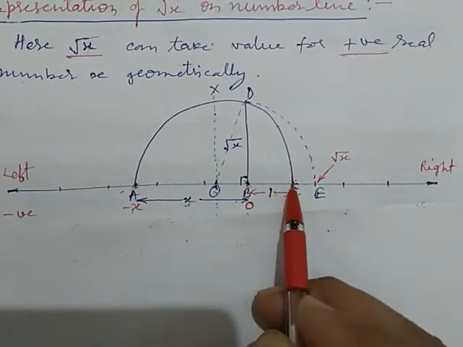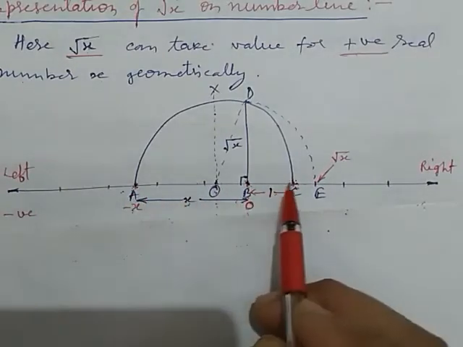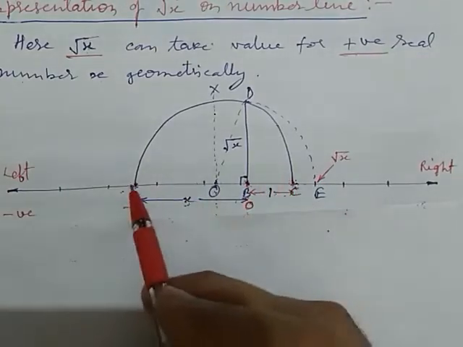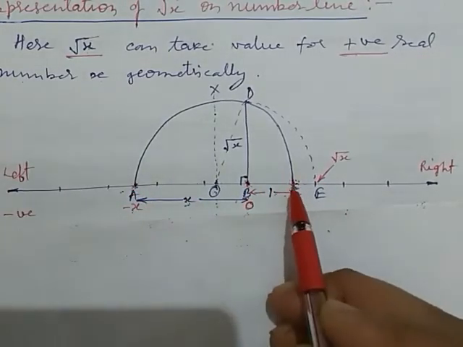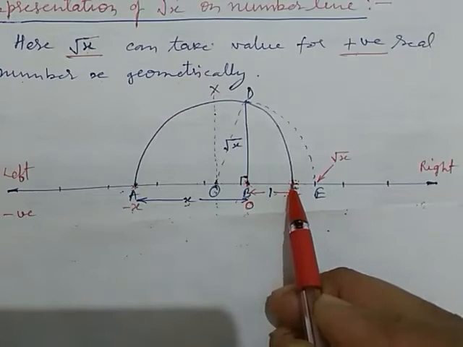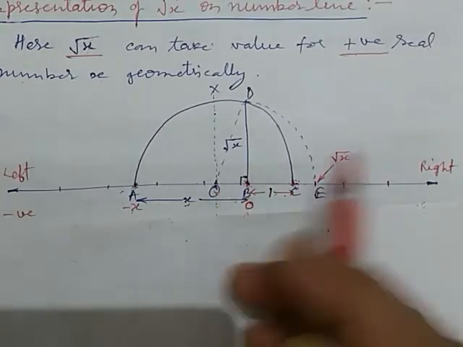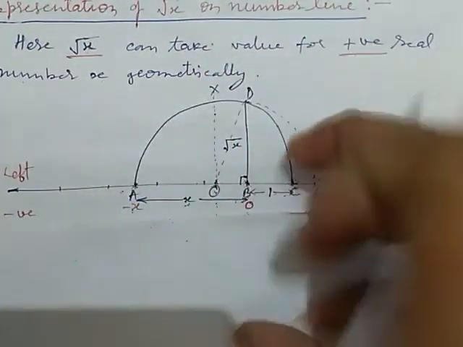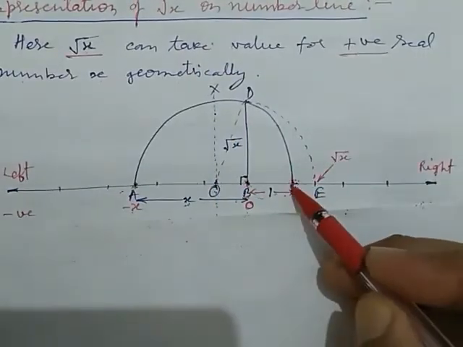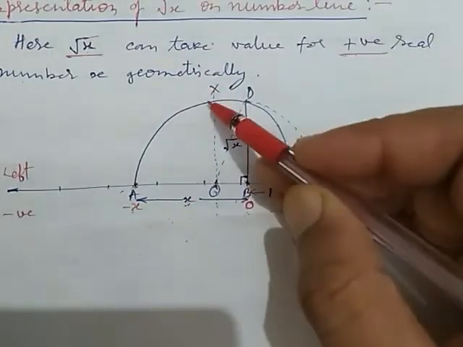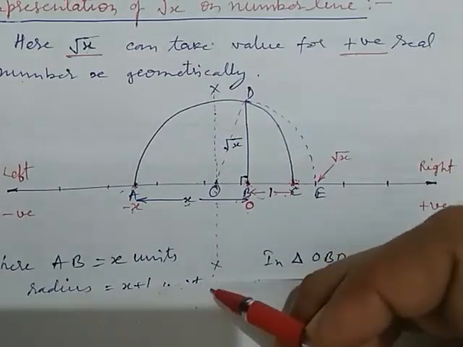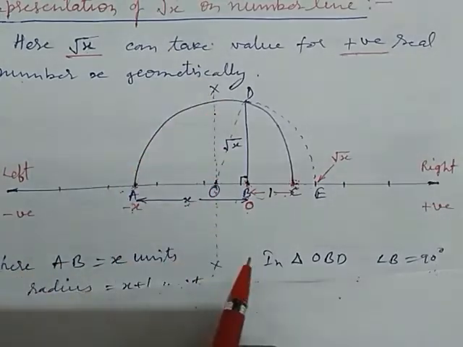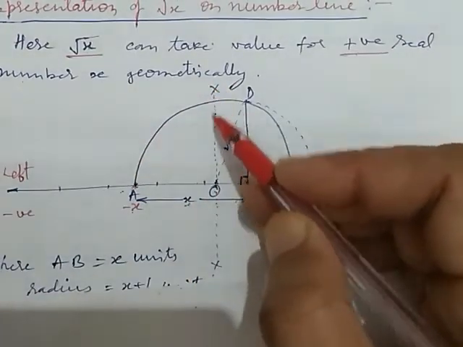Now we bisect this. How? We take A and C as centers and take an arc greater than half of AC. Open the compass like that. By taking C as center, we put an arc here and here. Now take A as center and put arcs here and here and meet them.